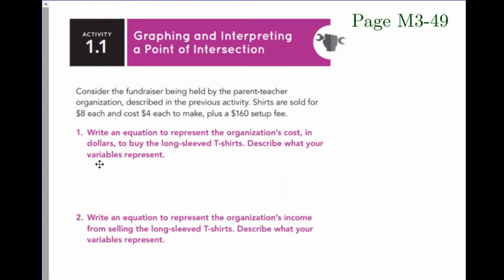Okay, so question 1 says, write an equation to represent the cost. The cost is key here, okay? So we're trying to find how much it's going to cost us for these shirts, and we're going to write an equation. And it says to define your variables, okay?